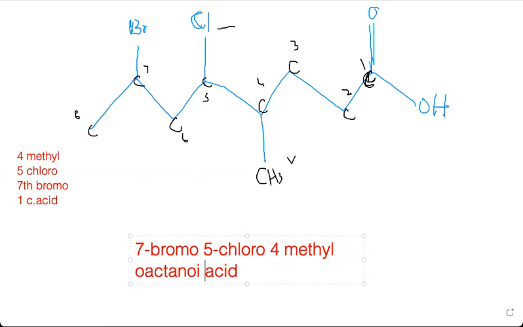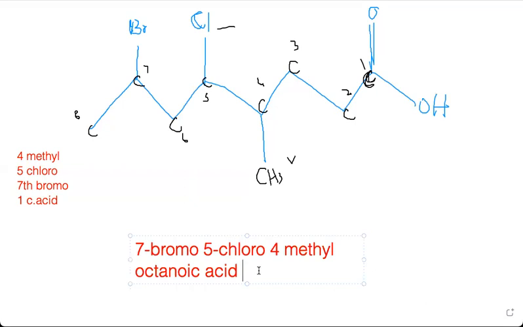I don't have any other thing. Wait, what am I doing? Octanoic acid. Yes, I don't have any other thing which should be mentioned at the end of the chain as a suffix. So I'm using the suffix for the carboxylic acid. For example, if it is octanol or octanone, and I'm not comfortable using the suffix for the carboxylic acid group, I can use a prefix.